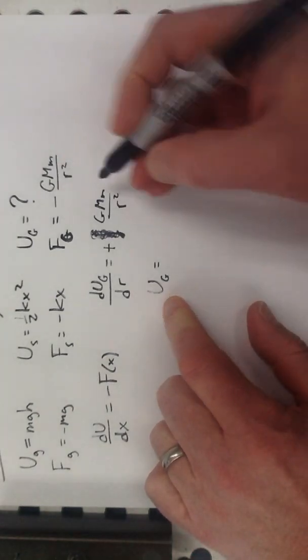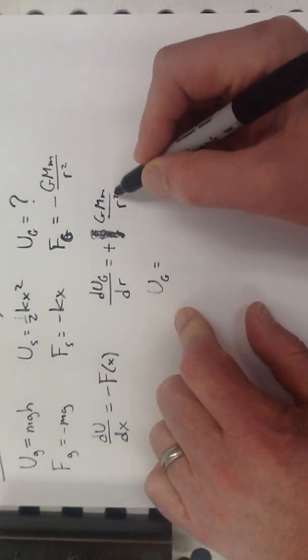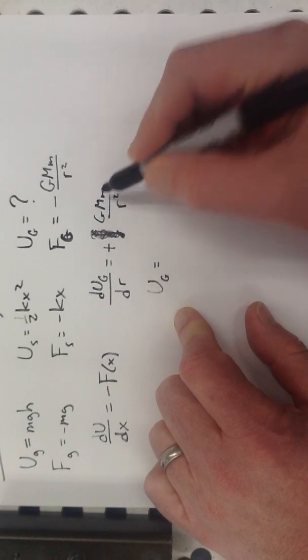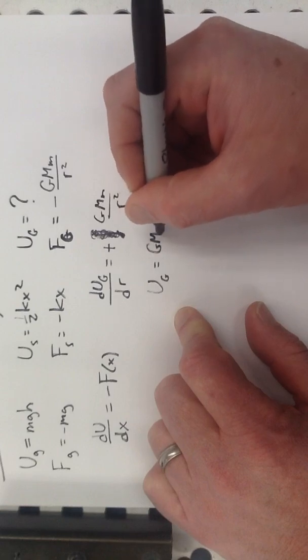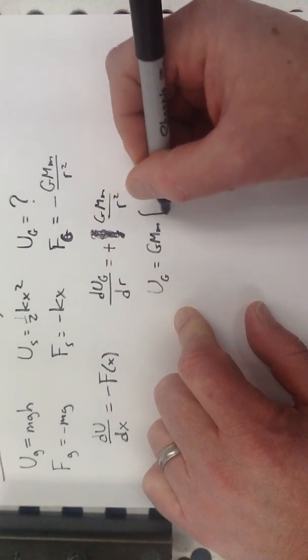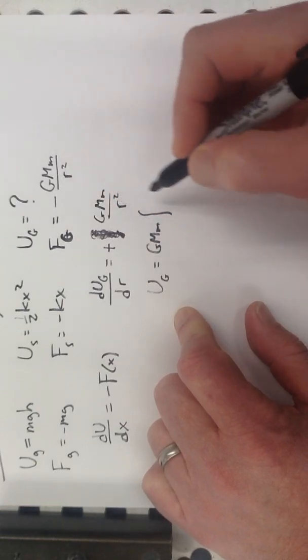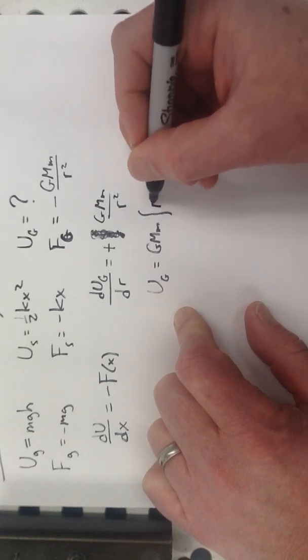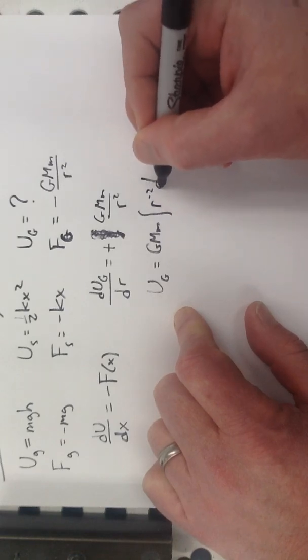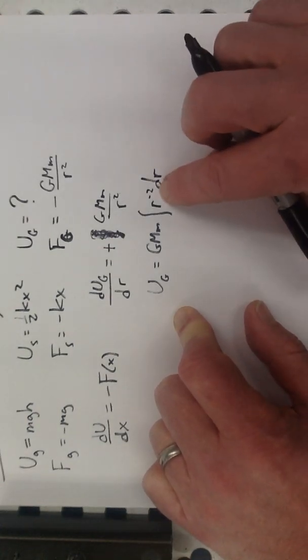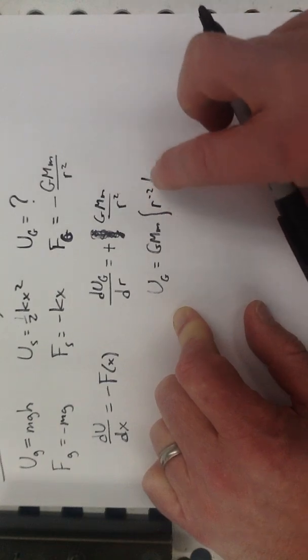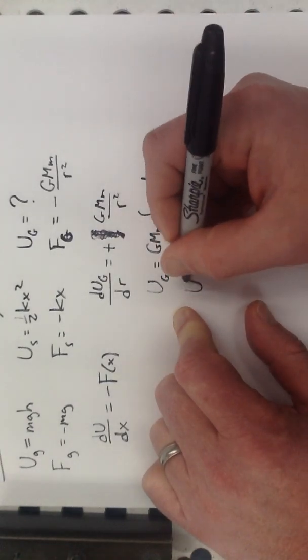Okay, so when I do the antiderivative, this is the variable, GMm, that's all constant. So I'm going to move the constant to the outside of the integral, and then r squared on the bottom is the same as r to the negative 2 dr. Okay, what's the antiderivative of r to the negative 2? It's negative r to the negative 1.